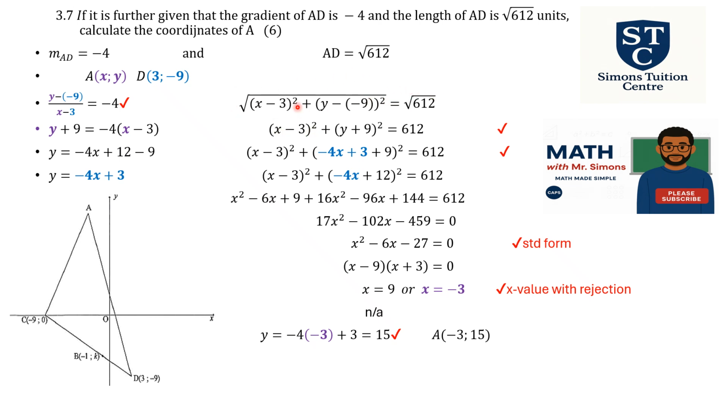It becomes (x minus 3) squared plus (y plus 9) all squared equals 612. Now you see I have two variables, x and y, or two unknowns. So I have to get rid of one of the unknowns. So in the place of y, I place -4x plus 3, plus 9 equals 612. So I'm left with (x minus 3) squared plus (-4x plus 12) squared equals 612.